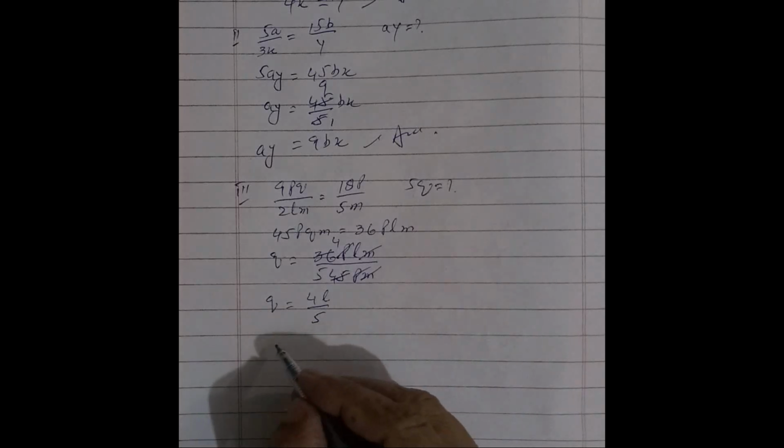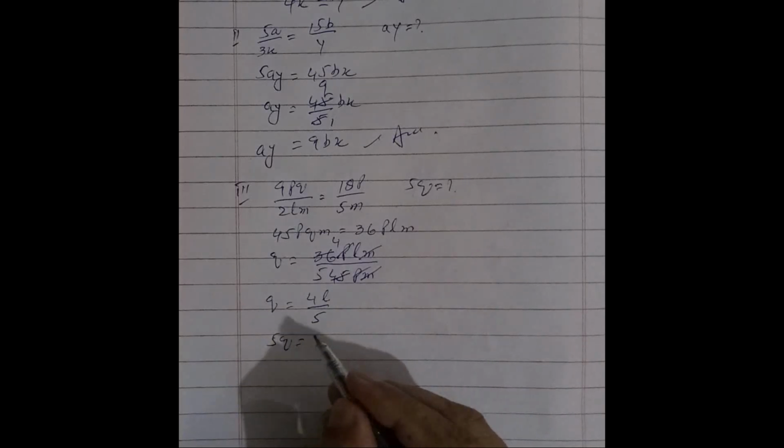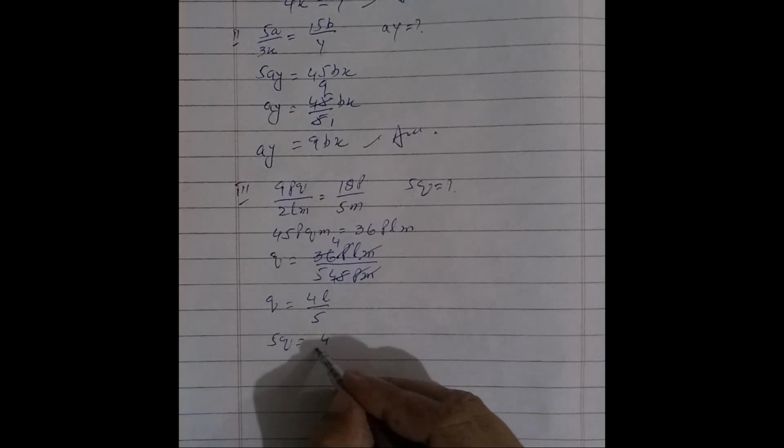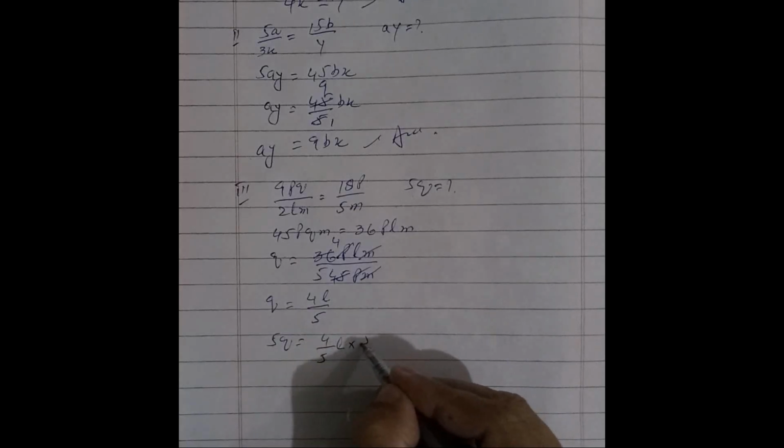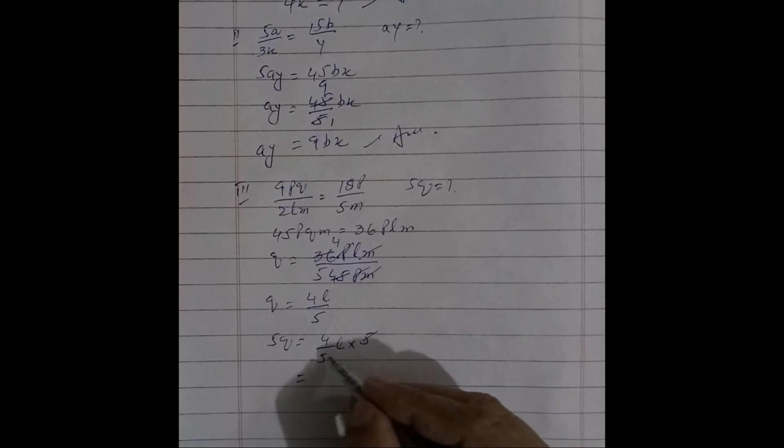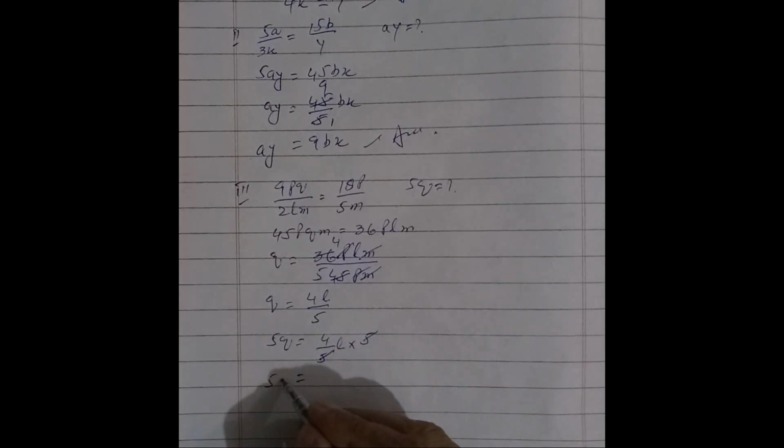And for 5q we multiply both sides by 5, we get 4l over 5 multiplied by 5, 5 cancels with 5, and we get 5q is equal to 4l.